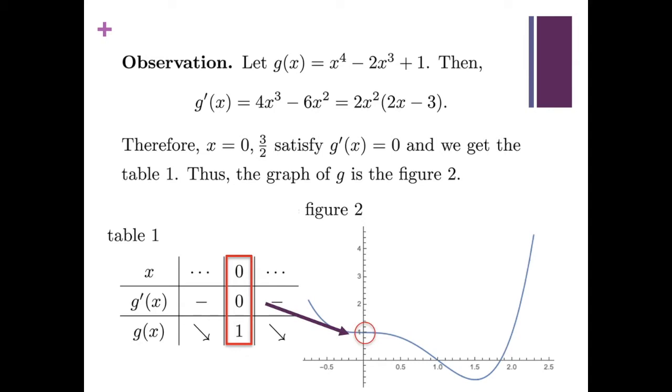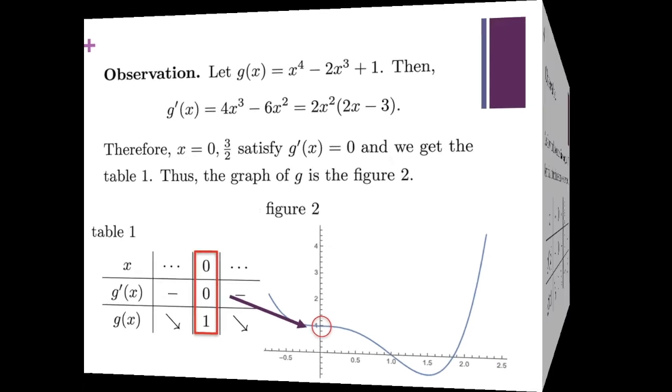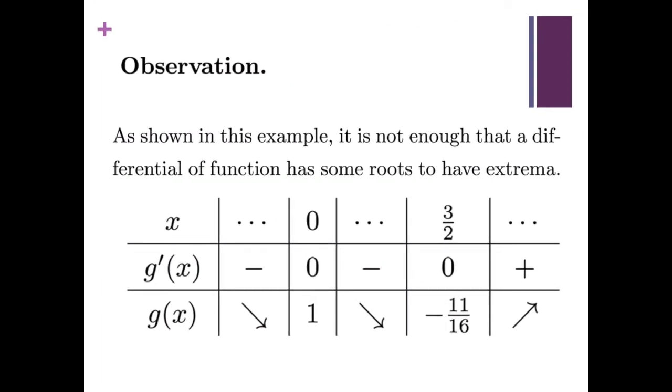Then, at a point where the first derivative is 0, what is the difference when a function has an extremum and when it doesn't? See the table 1 again and focus on x equals 0 and x equals 3 over 2, where g prime is 0.